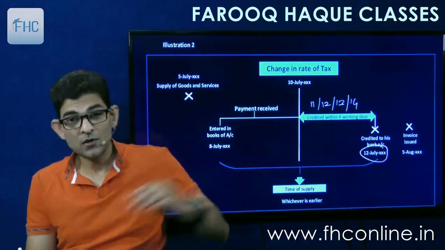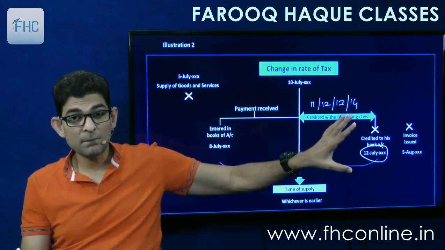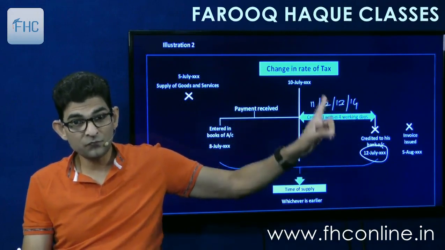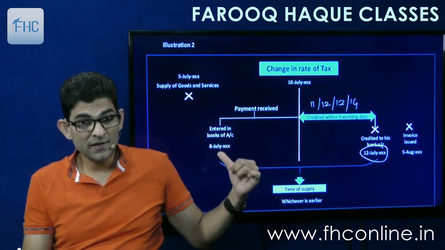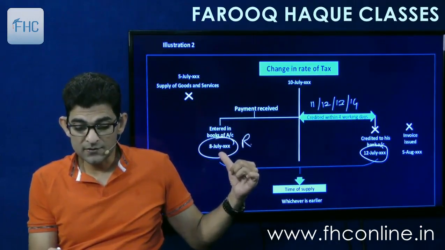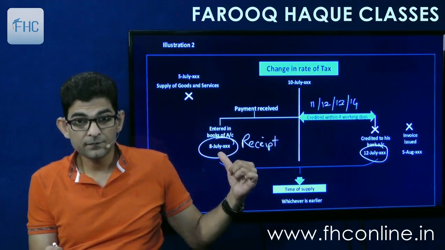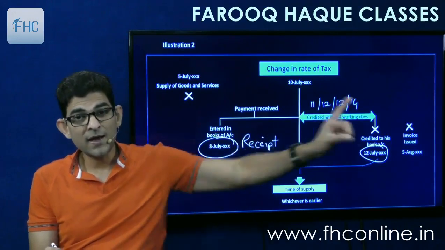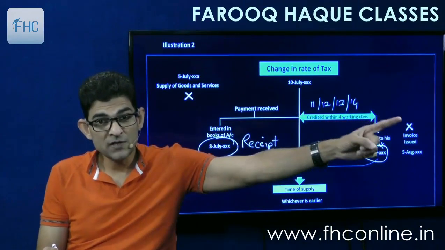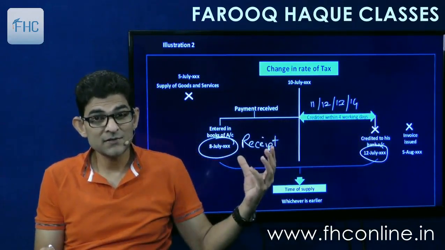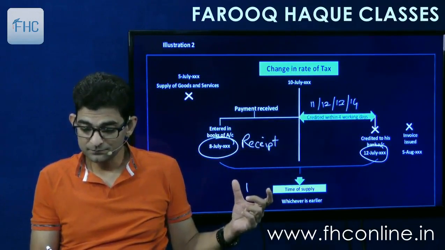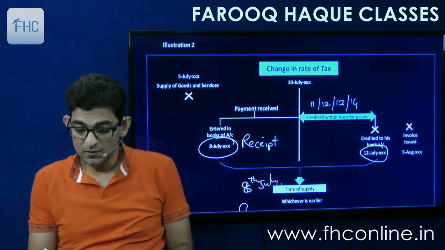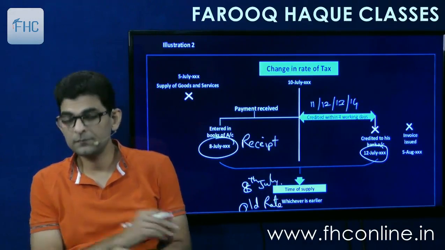So if entry is before, bank credit is afterwards, but within 4 working days, then we'll take whichever is earlier. So whichever is earlier will be 8th of July. So 8th July will be considered as the date of receipt. Now if this is receipt and invoice is afterwards, one is before, one is after, then you will take whichever is earlier. That is date of receipt. So 8th July will become time of supply. And you will take the old rate.